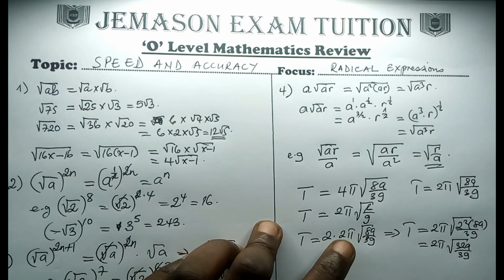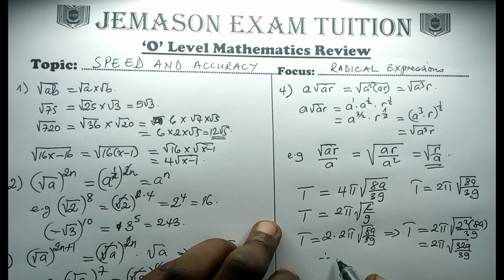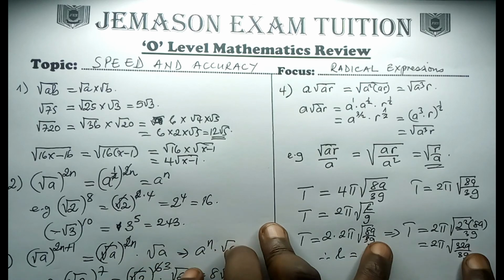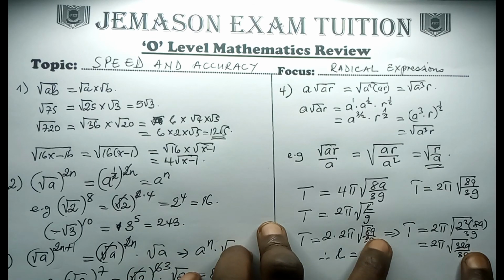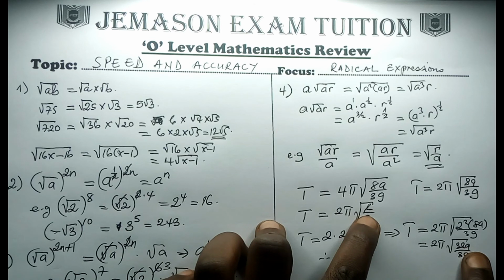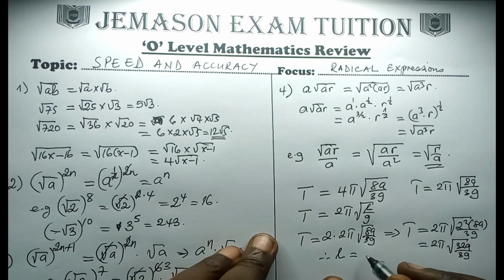And so the length of the equivalent pendulum L corresponds to 32a all over 3. If you cover the g's with the simple pendulum situation, you will see that L corresponds to 32a all over 3. And so L equals 32a all over 3.